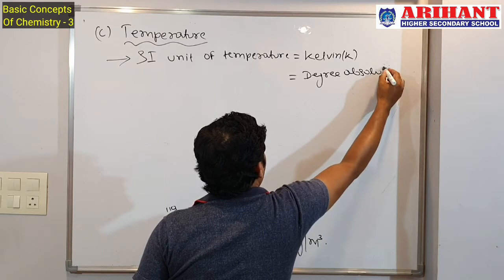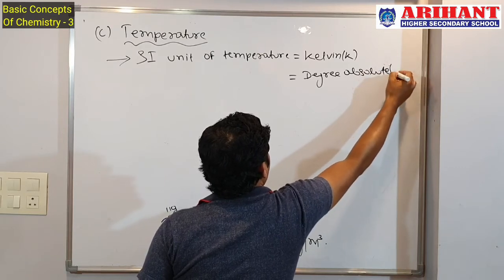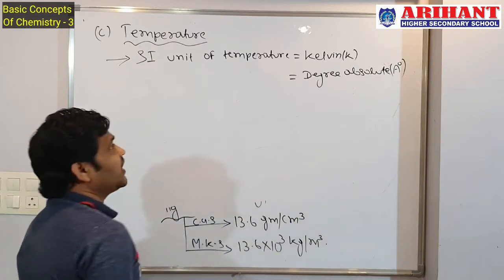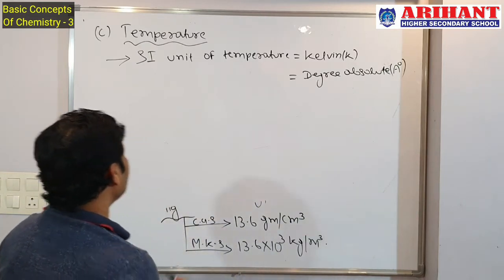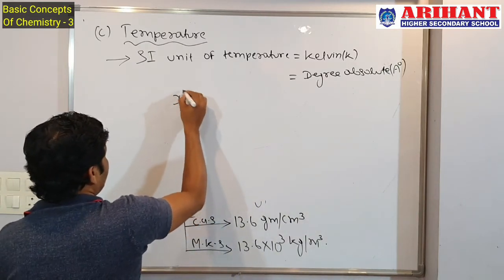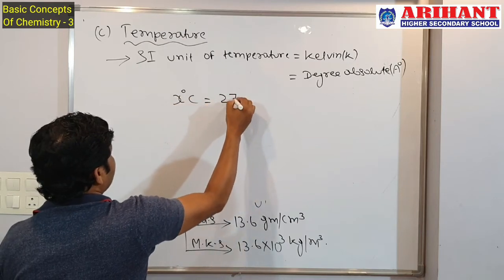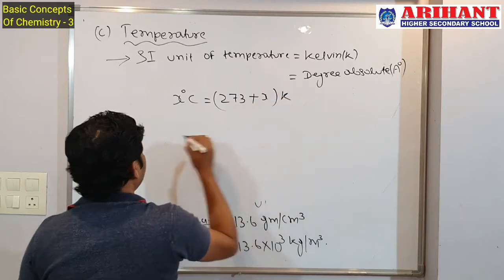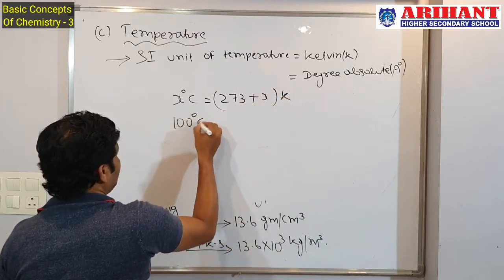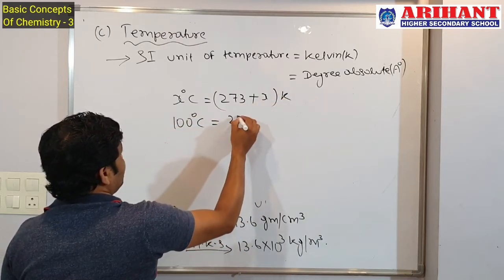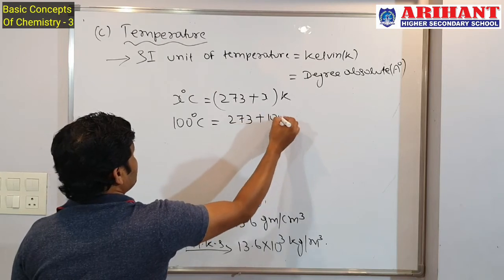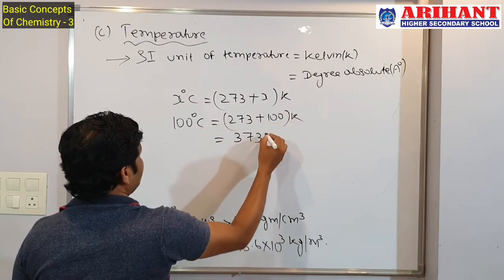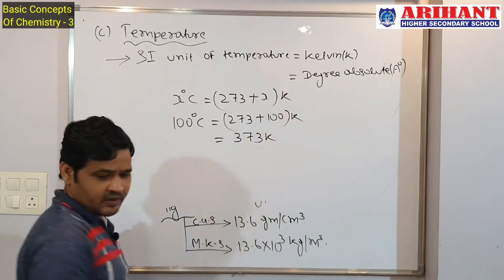X degree Celsius is equal to 273 plus X Kelvin. For example, 100 degree Celsius, 273 plus 100 Kelvin is equal to 373 Kelvin.